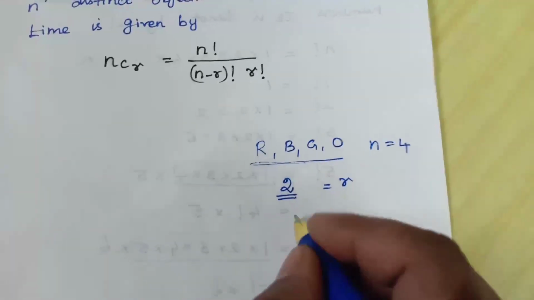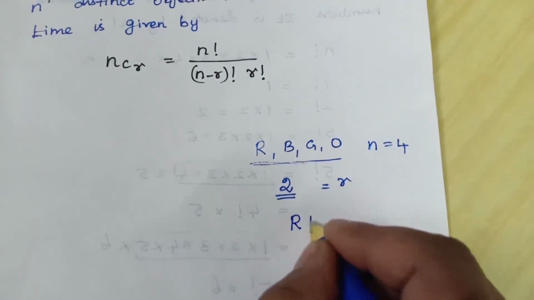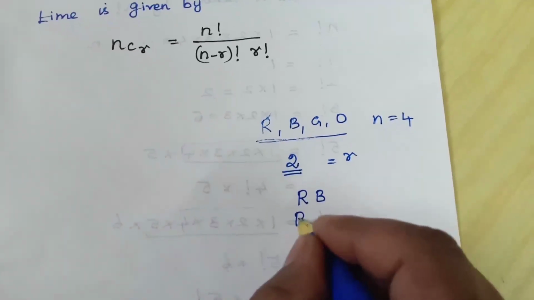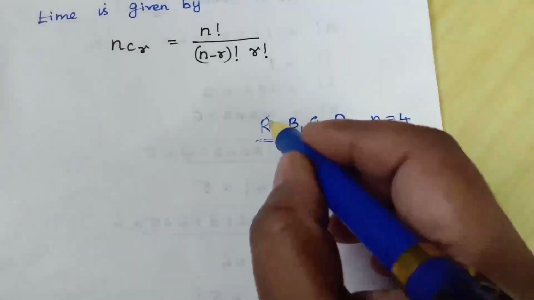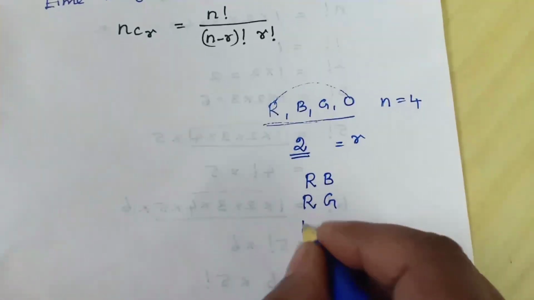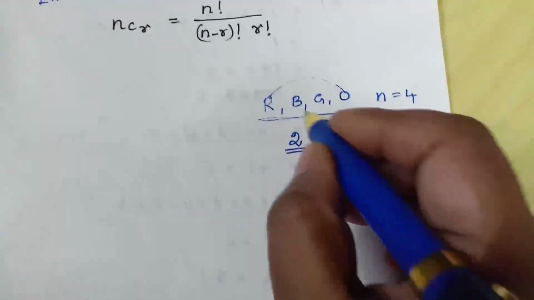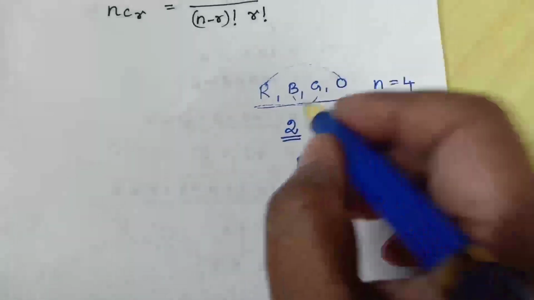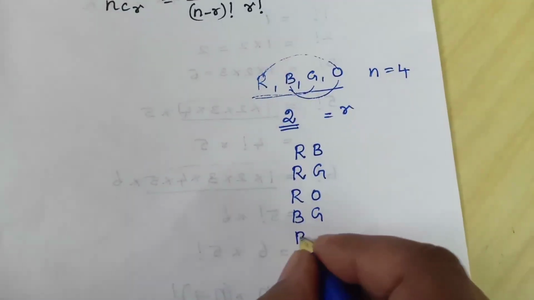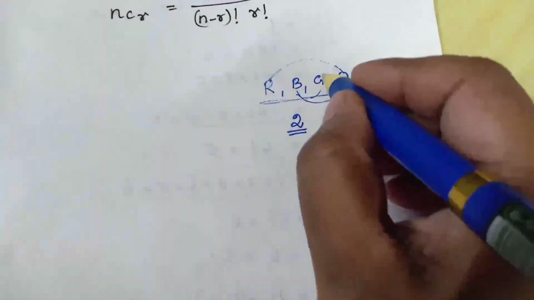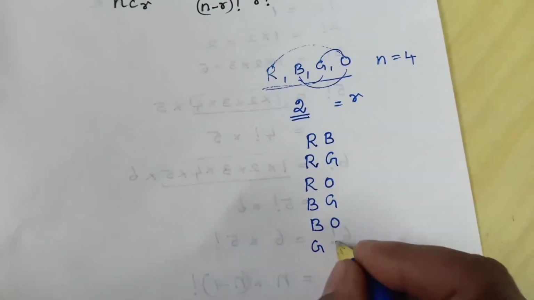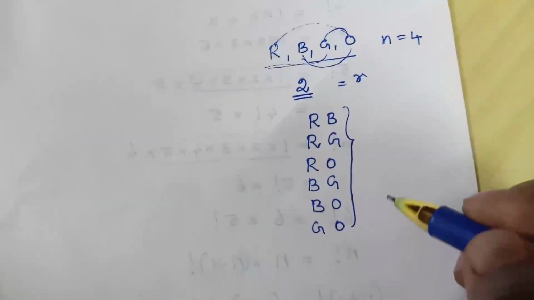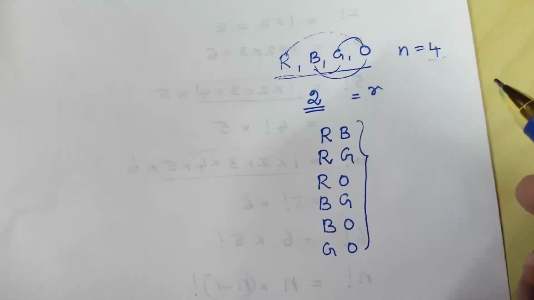First we can select red and blue, next red and green, next red and orange, next blue and green, next blue and orange. The last one is green and orange. So these are the ways to select two sketches out of 4 sketches.